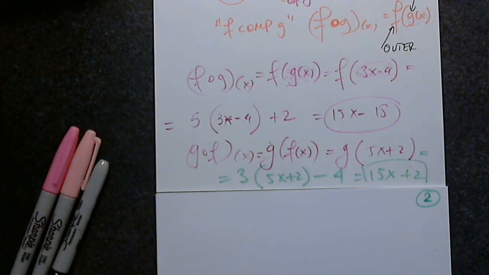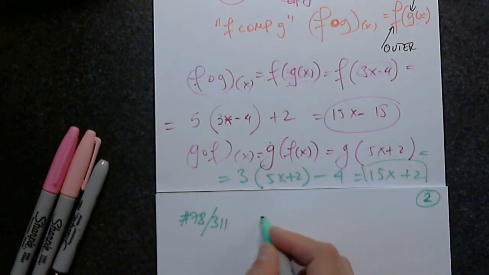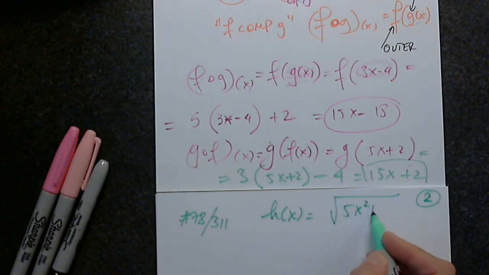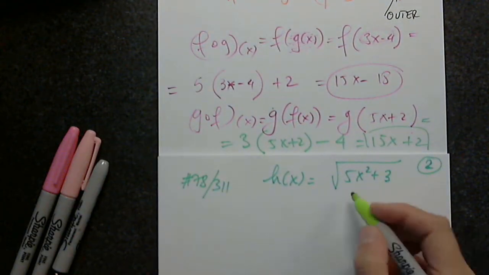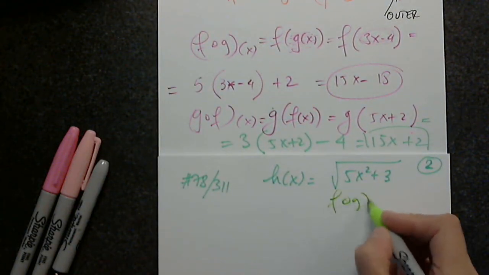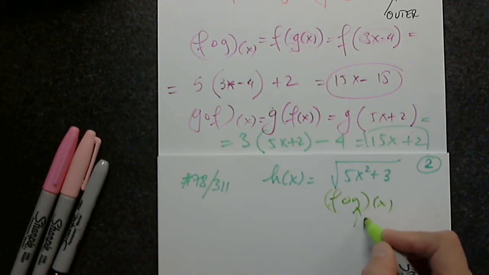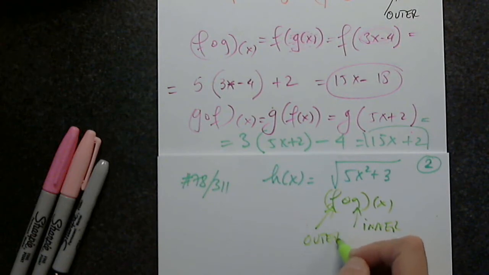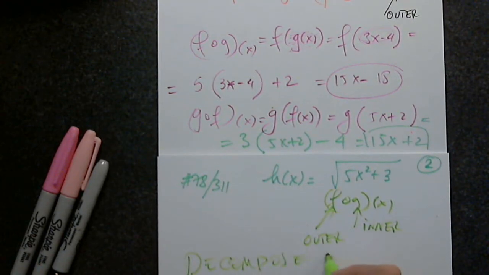Now, for example, problem 78 on 311 is h of x equals the square root of 5x squared plus 3. Here, they're asking us to find 2 functions, g as the inner and f as the outer, to decompose h of x in 2 functions.